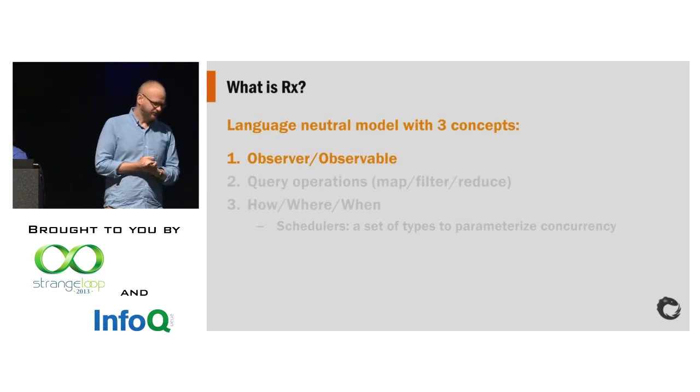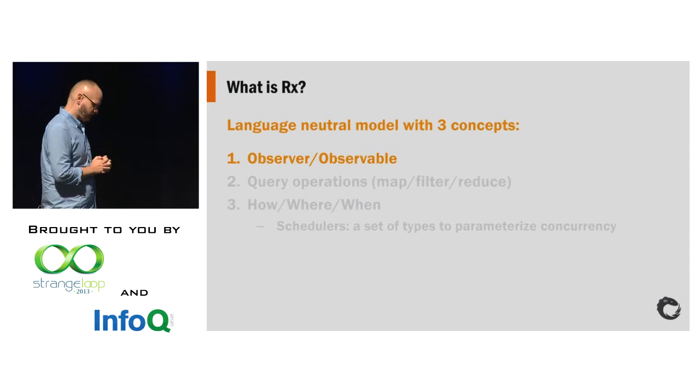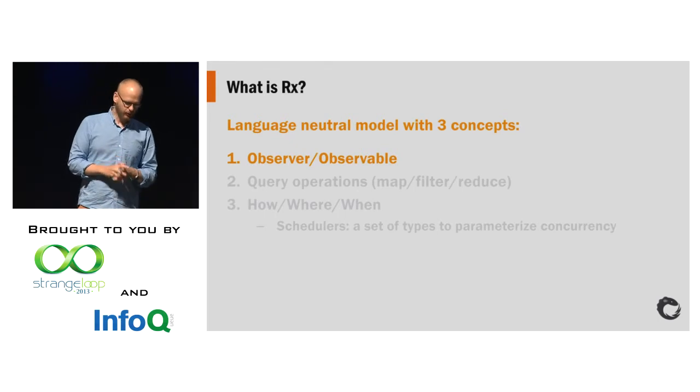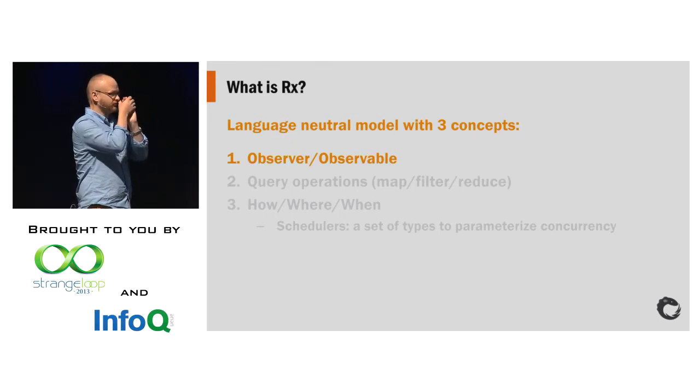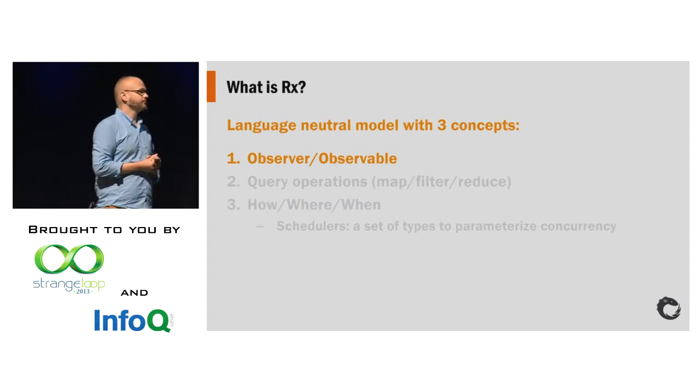So, in essence, what is Rx? Well, besides being a fairly old project that started as linked to events way back during the Volta project, we found that this was a fairly useful pattern that could actually apply across languages.